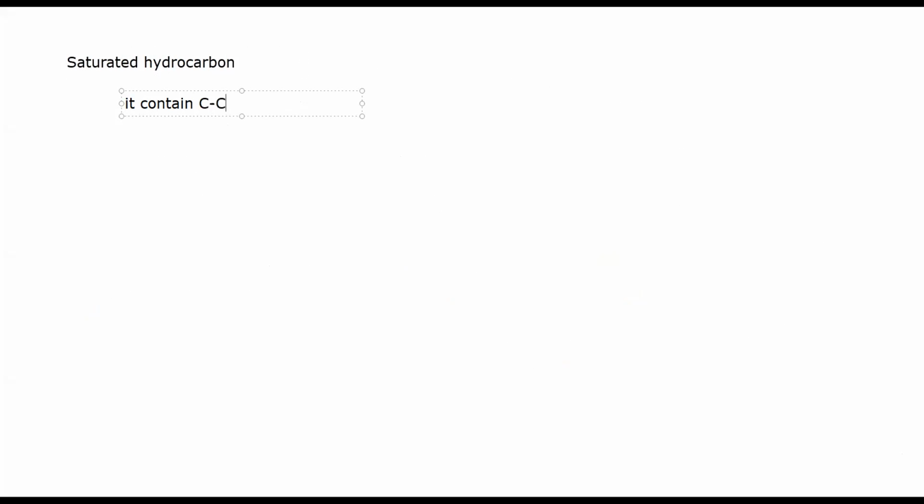Like it's not like only one carbon single bond, it's throughout the chain. Only there's a carbon carbon single bond, we call them as saturated hydrocarbon. And unsaturated hydrocarbon, if there is a double bond between the two carbon atoms, so carbon double bonded with another carbon, we call that as unsaturated hydrocarbon.